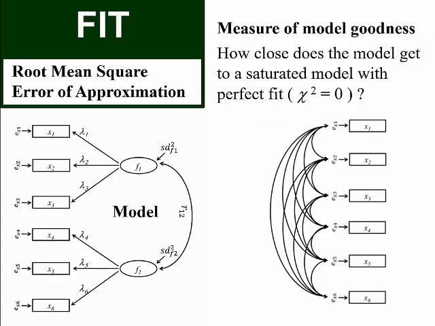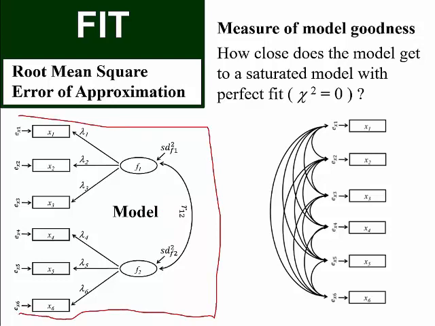So next, let's look at something called the root mean square error of approximation. Where the comparative fit index compared our hypothesized model with the worst possible model, now we're going to take our hypothesized model and compare it to the best possible model that could be. That would be a saturated model that will have perfect fit.